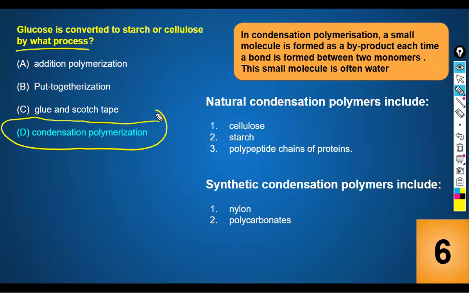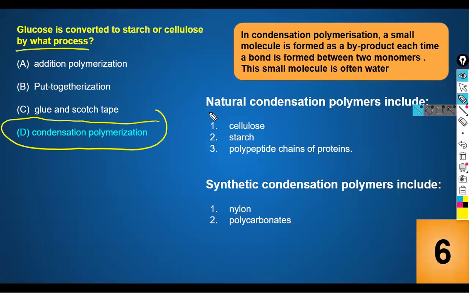But when we do organic chemistry, you're going to realize that there are two types of polymerization. One called condensation, which is on the screen, and the other called addition polymerization. But that will be one of the last things we ever do in chemistry.